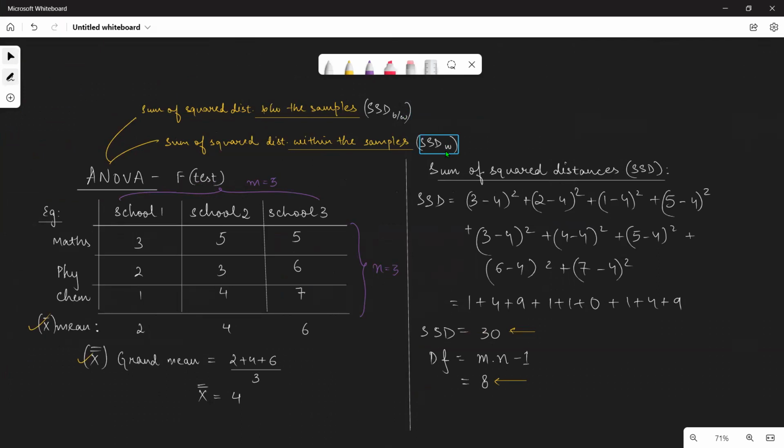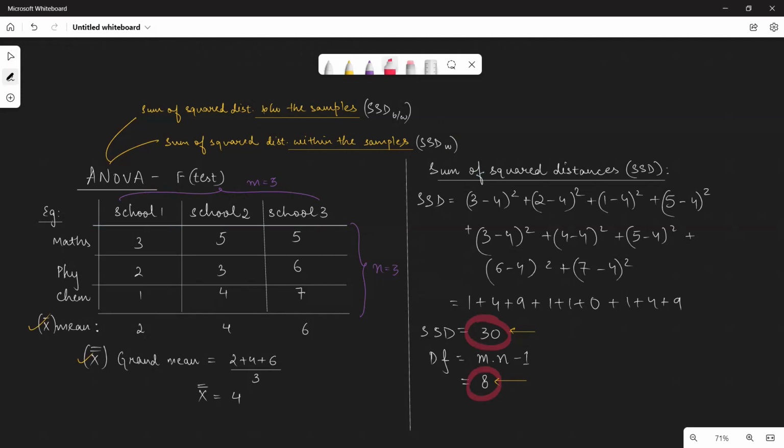Now listen to this very carefully: when you add the sum of square distances between the samples with the sum of square distance within the samples, you will find that the output is 30. Similarly, when you add the degrees of freedom of SSD between with SSD within, you will find that it is equal to 8.